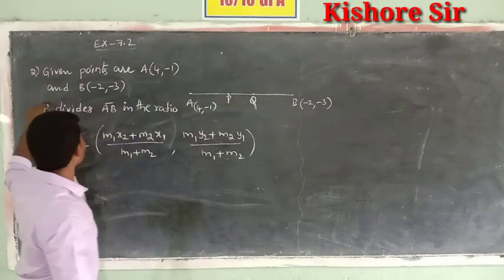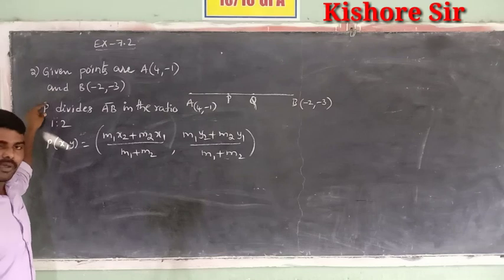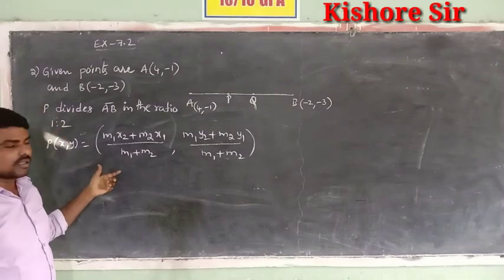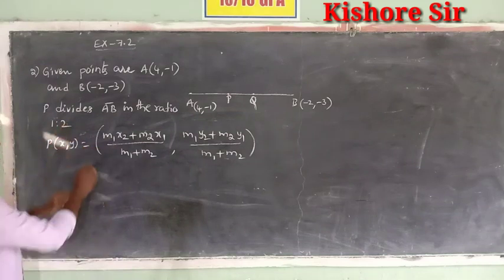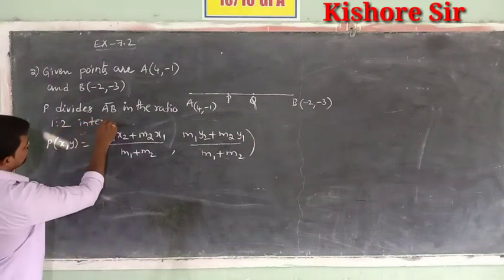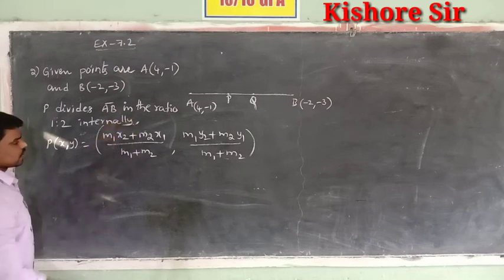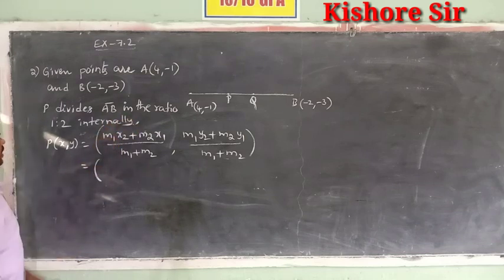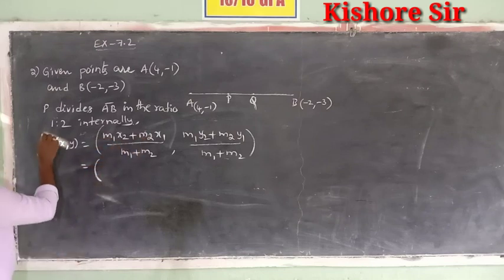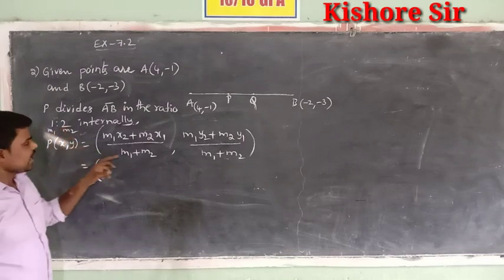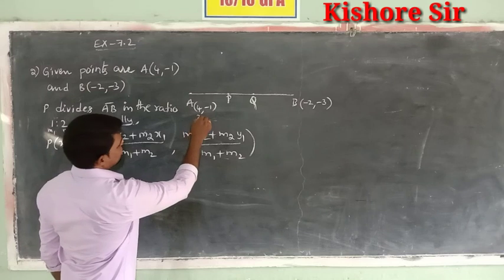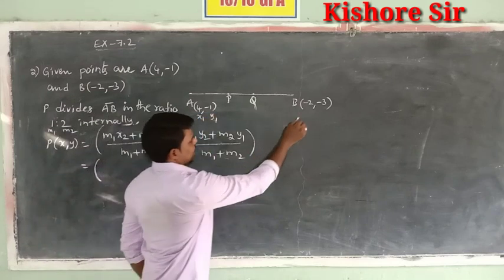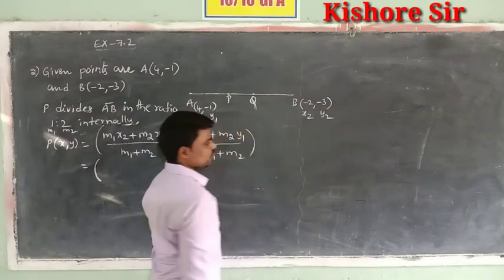First we have to find the coordinates of point P by using the section formula. So P divides AB in the ratio 1:2 internally. Here m1 is 1 and m2 is 2. The first point we have taken as x1, y1 and the second point is x2, y2.